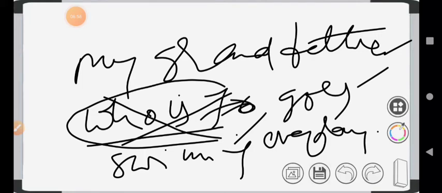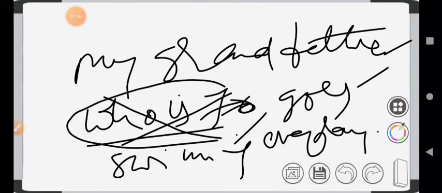Who is 70 years old is a non-defining relative clause. It gives additional information.